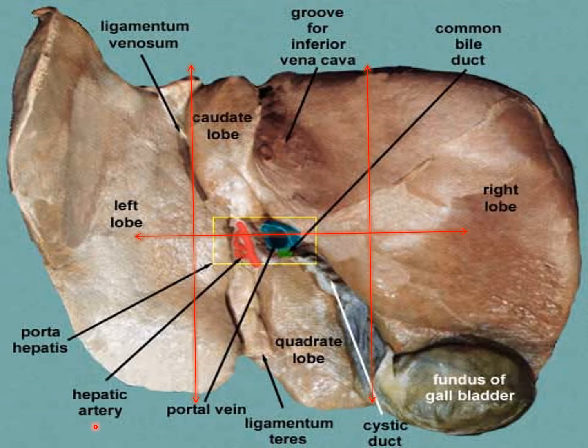Only then can we better study the lobes of the liver. So this part is the right lobe of the liver and this part is the left lobe of the liver.